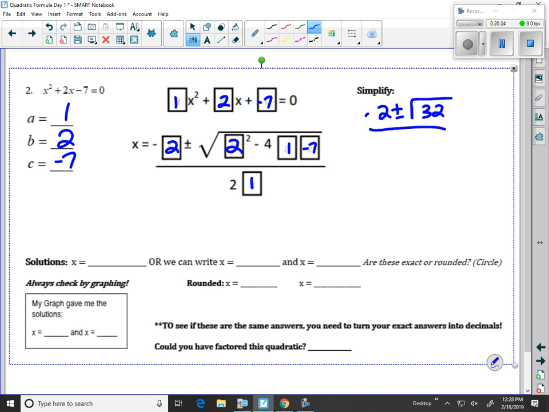And our last thing that we simplified was our denominator. 2 times 1 is 2. Okay, so that is our exact answer. And we can break it up into the plus and the minus. I want you to put them both in your calculator or Desmos, whichever one you're working with, to get your rounded answers.